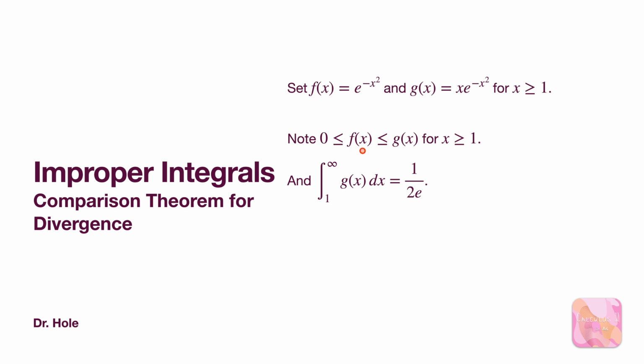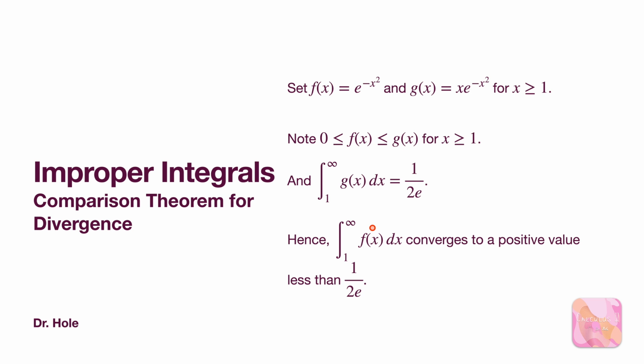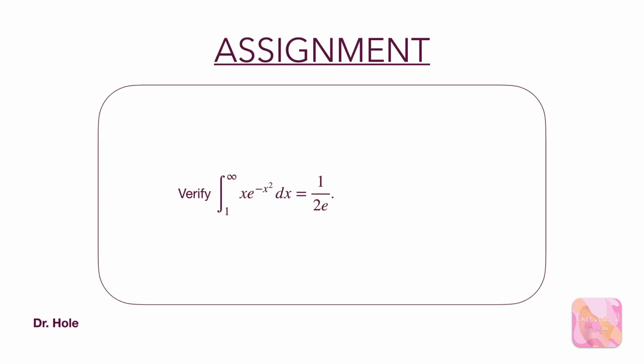That's going to force the smaller quantities to also sum up to something finite. And in particular, they sum up to something less than or equal to 1 over 2e. Good. So verify that this improper integral converges to the value 1 over 2e.